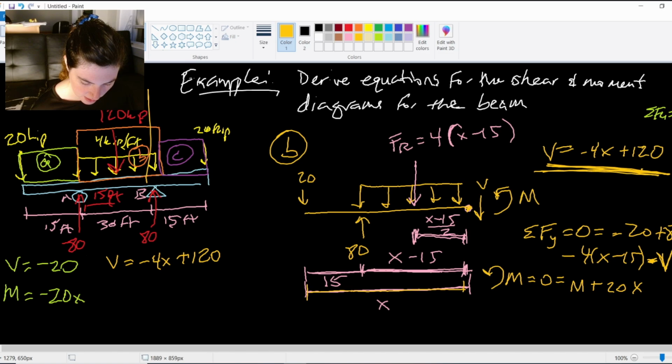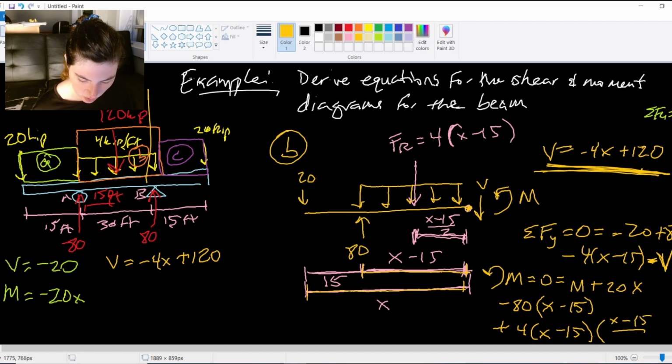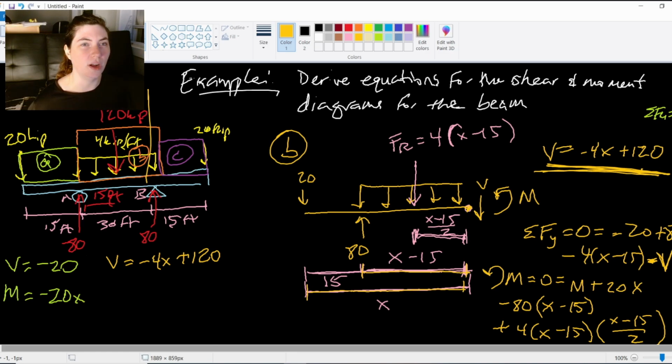Then minus 80 times its distance away, which is x minus 15. And then finally that resultant force there, plus 4 times x minus 15 times its distance away, which is x minus 15 over 2. Ooh. Oh man, now we're going to end up with a polynomial.